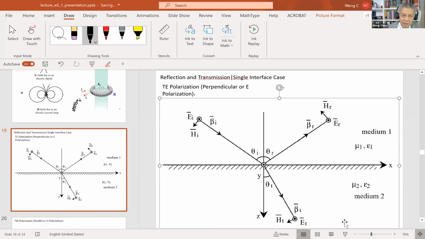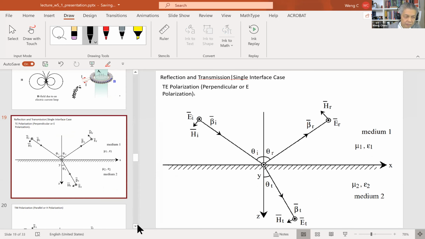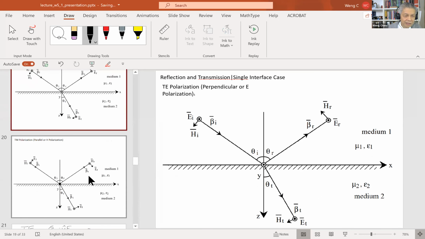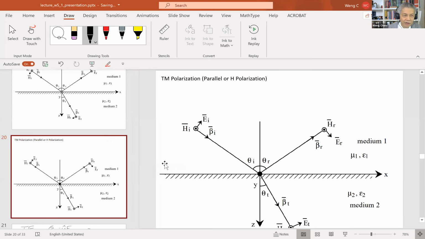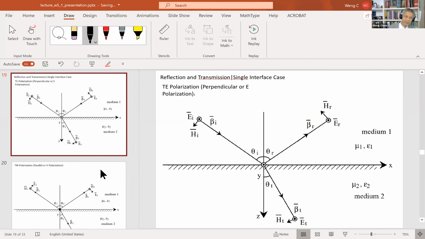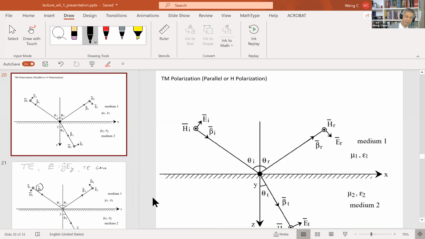There's a beauty about the duality principle, okay? If you look at the TM polarization for this problem, a plane wave coming in, a plane wave reflected, a plane wave transmitted, these two problems are dual to each other. Once we have solved this problem, we can solve the second problem quite easily by invoking the duality principle, okay?